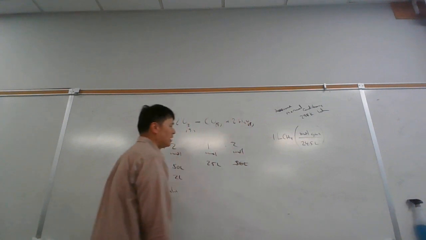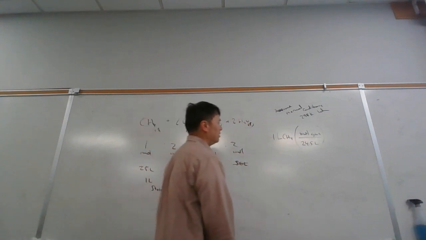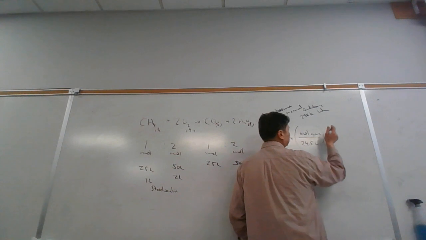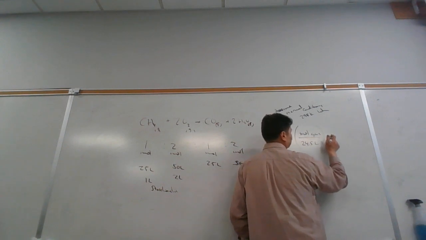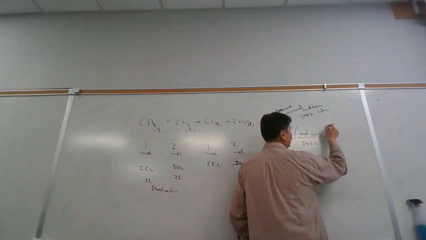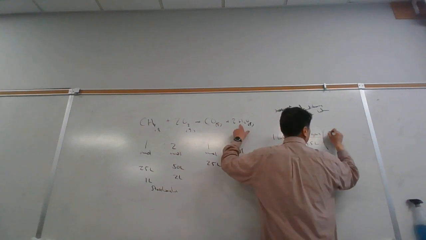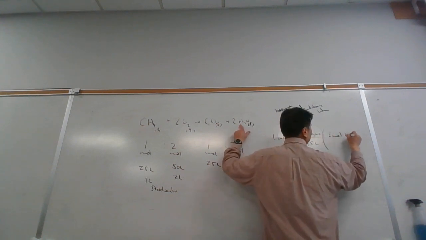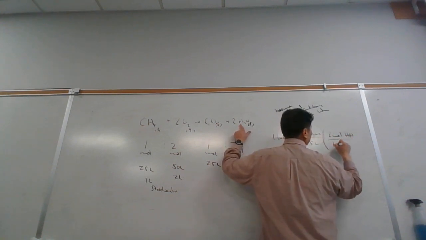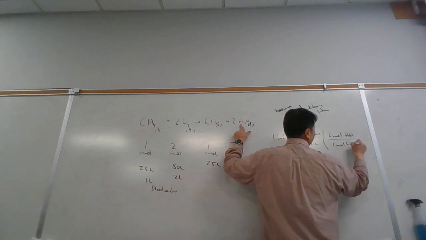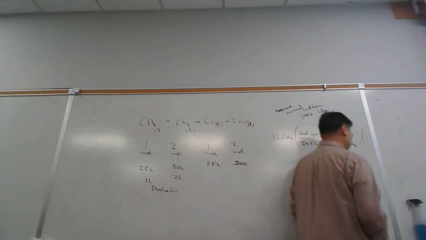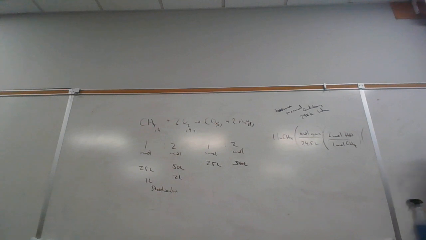Rather than saying 25 liters, I'll say 24.5 liters. That's going to give us moles of methane. And then I'll see that there are 2 moles of water for every 1 mole of methane.